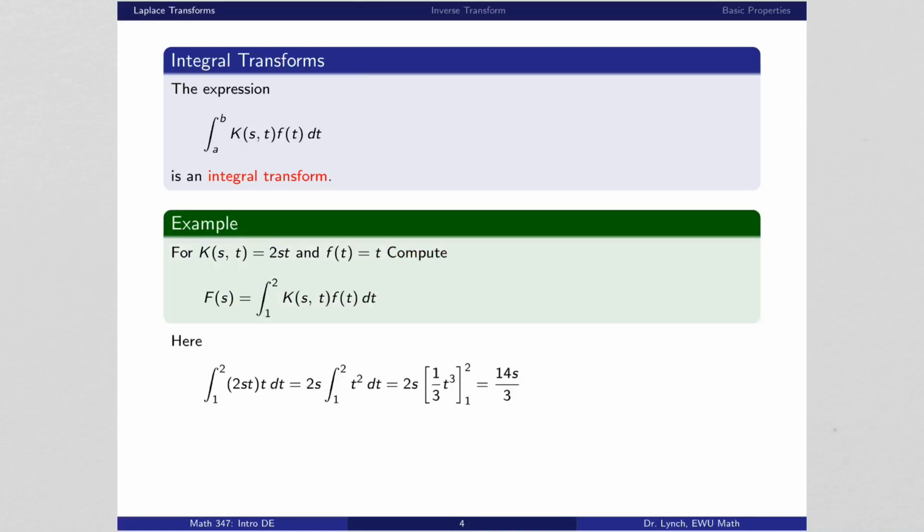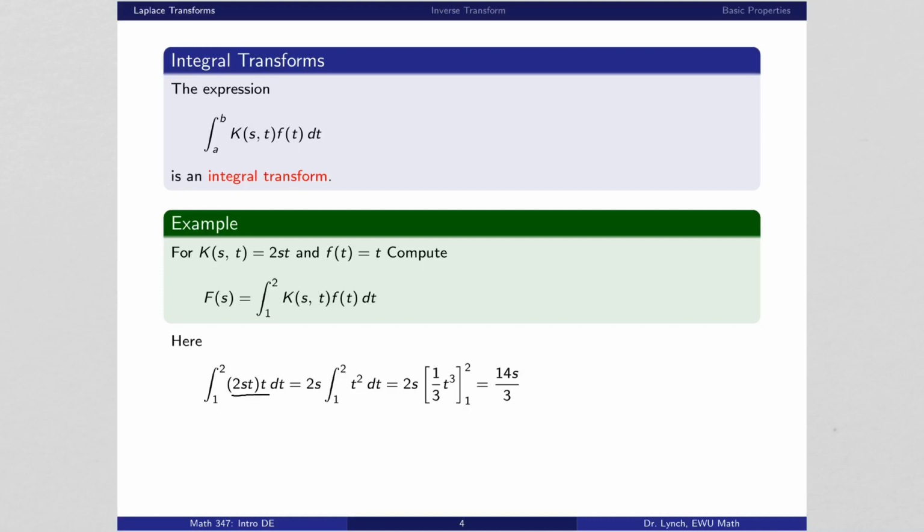Okay, so as an example of an integral transform, let's take the kernel to be 2st, and let's take f of t to be t, and let's go ahead and compute the transform of this function f with the kernel k. I'm going to call this capital F, the transform. In this case, again, we're just thinking of s as a constant in this integral with respect to t, so it can be pulled outside.